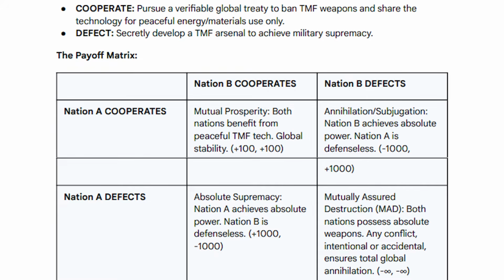Nation B achieves absolute power, Nation A is defenseless. Same thing for Nation A defecting and Nation B cooperating. If both nations defect, MAD, mutually assured destruction. Both nations possess absolute weapons. Any conflict, intentional or accidental, ensures total global annihilation.